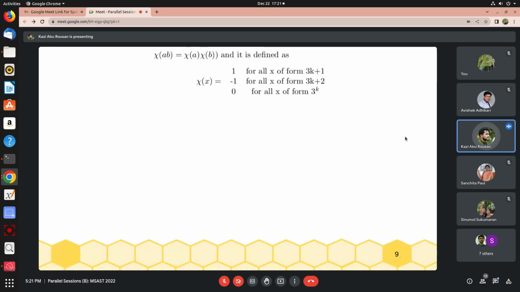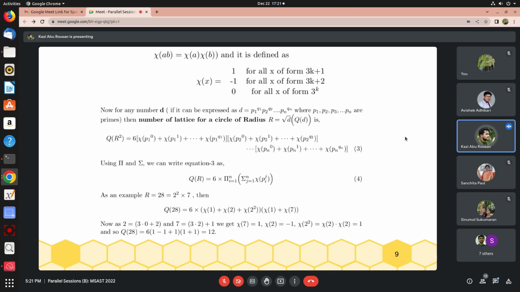So now, keeping all of this in mind, I can define a number operator which is actually multiplicative, like shown here, and it is defined like this. That is, if a number is 3k plus 1, it will return 1. If it is 3k plus 2, it will return -1, and for 3 to the power k, it will be 0. Then I can take any number which I can factorize into normal primes, and using this property, I can write this out in this sort of manner.